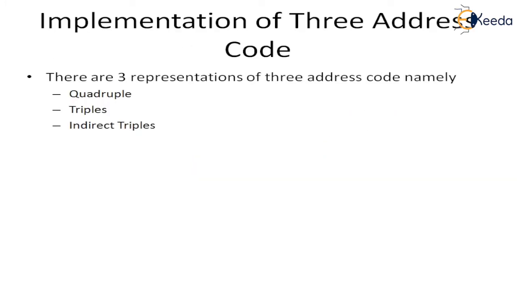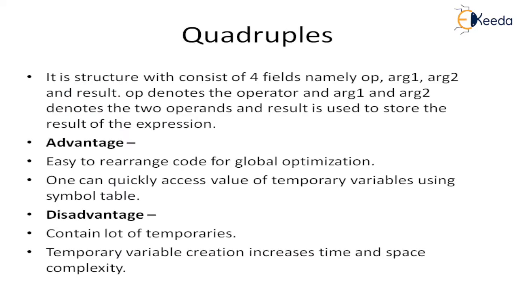Now, the implementation of the three address code. As we already discussed, there are two main types of representation, quadruple and triple, and another representation, the indirect triple, is also useful for representing three address code. First, quadruples. What is a quadruple? As the name suggests, it contains four fields, namely operator, argument 1, argument 2, and result.